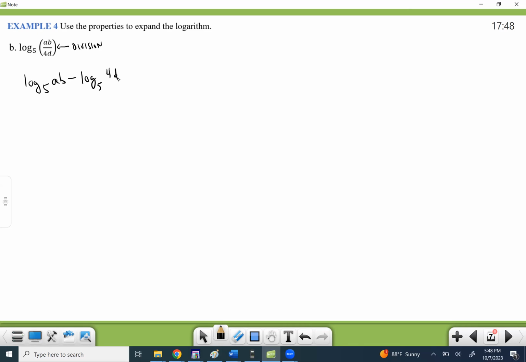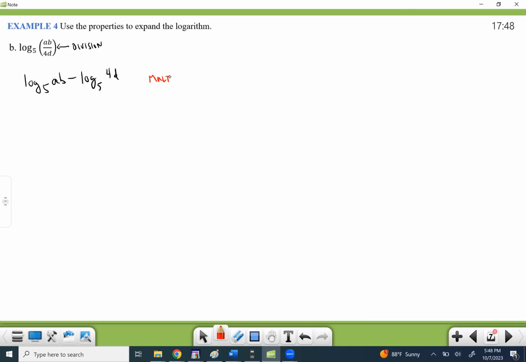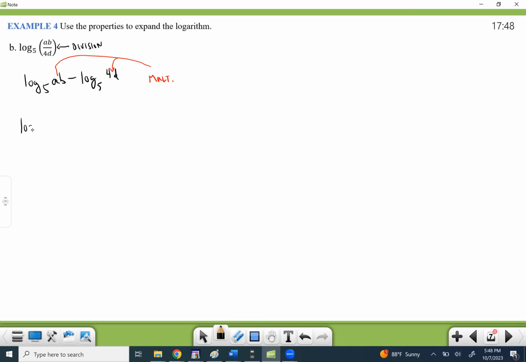Now we have a lot of multiplication going on. I'm just going to put mult, and I'm going to put an arrow right there and right there. So we know that multiplication becomes addition. So we're going to split this log base 5 of AB into log base 5 of A plus log base 5 of B. Same thing's going to happen, but we need to have, this is tricky, parentheses, because we're subtracting away all of this.